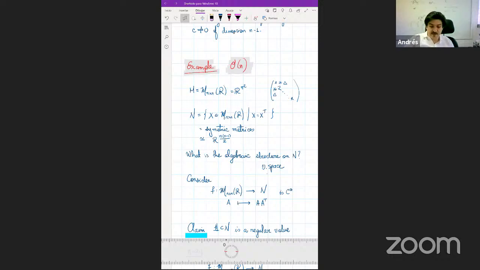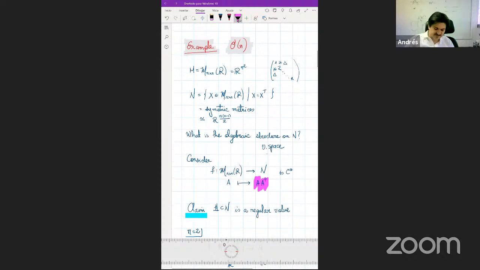The identity matrix is symmetric. So the preimage of that is going to be exactly what we are looking at.